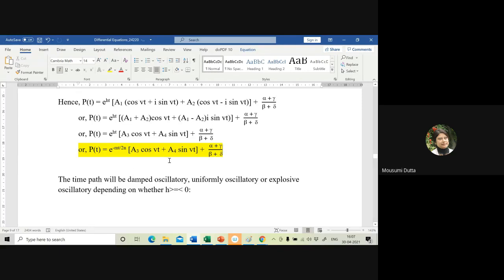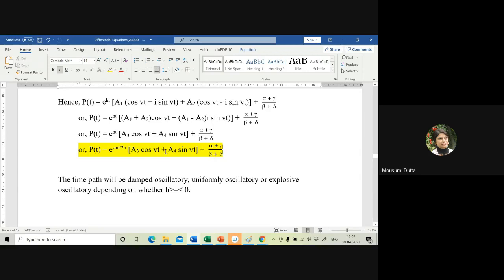Okay, so this is the expression, and from this expression we need to understand the convergence and divergence part. I hope you understood. You need to understand why this kind of equation generates cyclical movement.